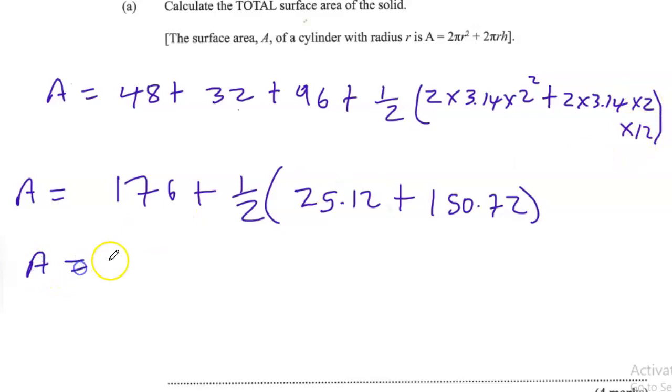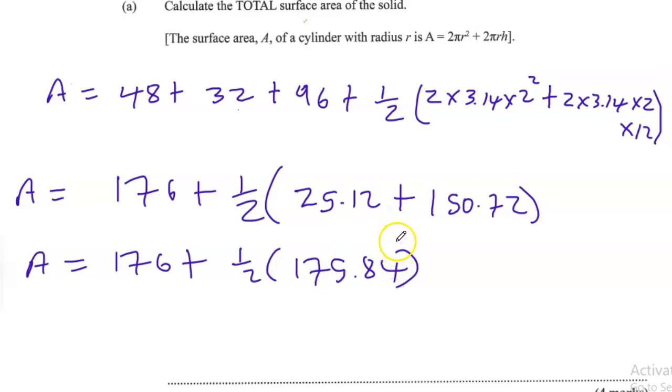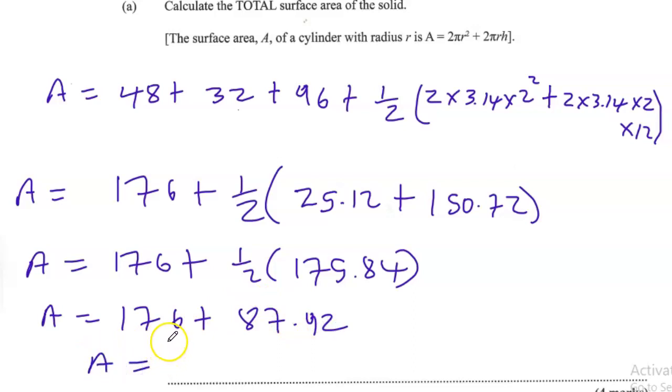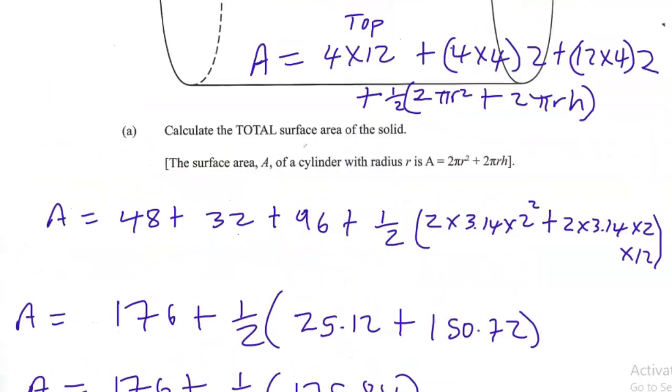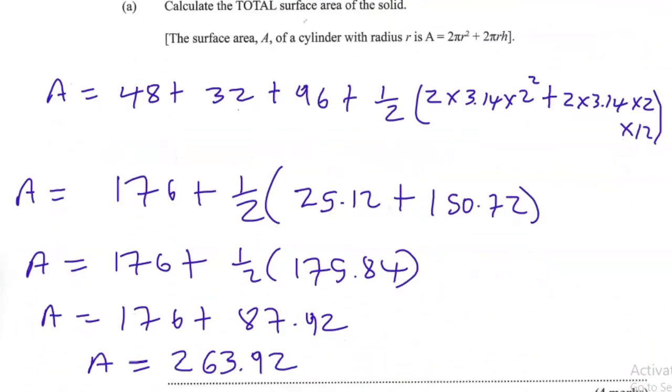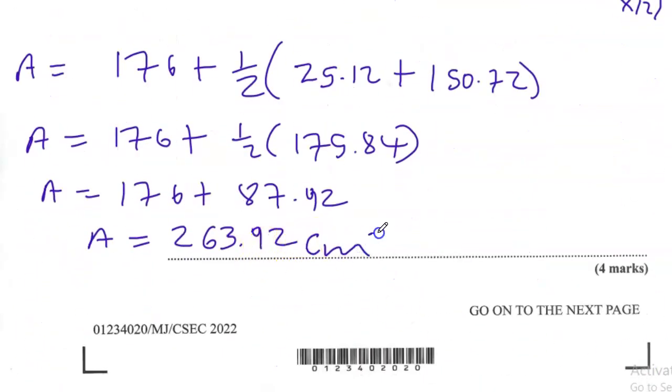So the area is 176 plus half of the bracket total. That's half of 175.84. Half of that is 87.92. Add that to 176, we end up with 263.92. And what's the unit? It's centimeter square, square centimeters.